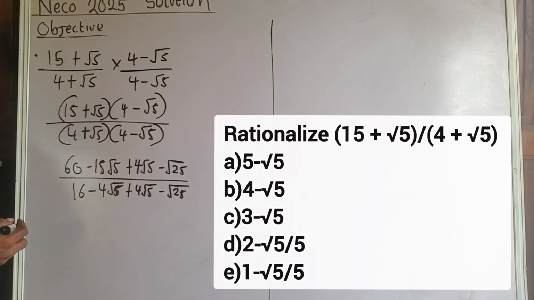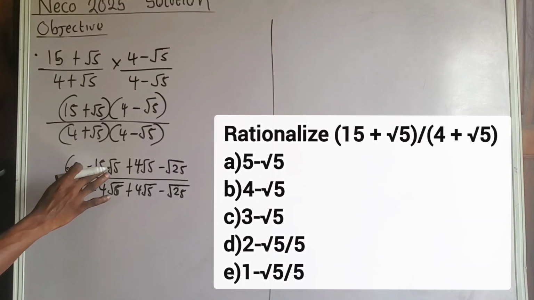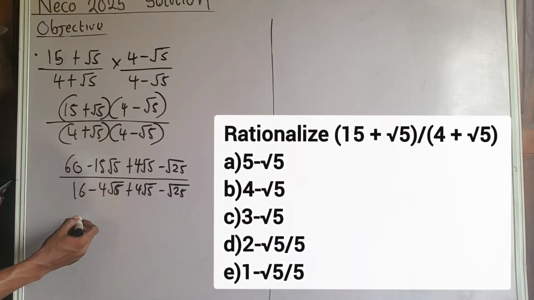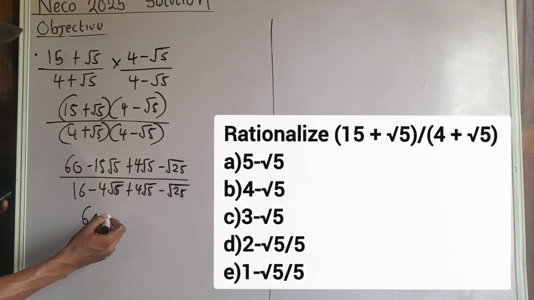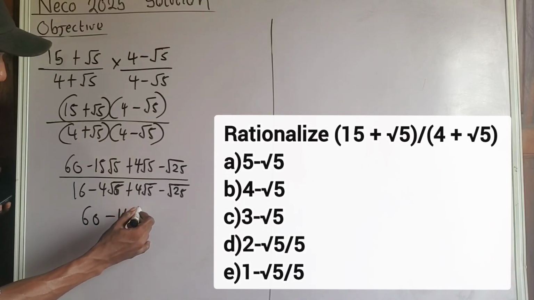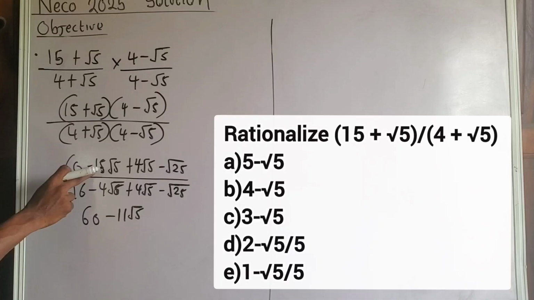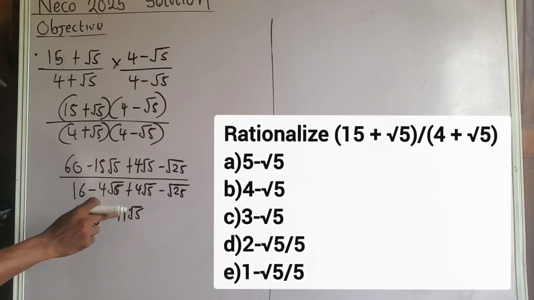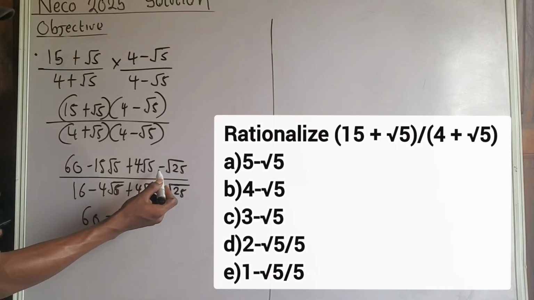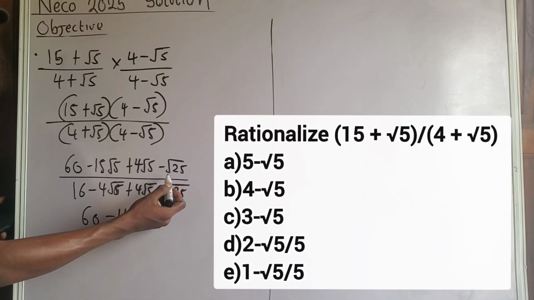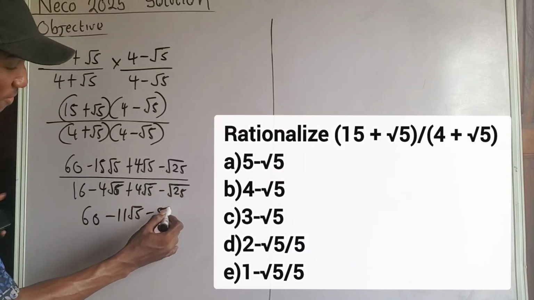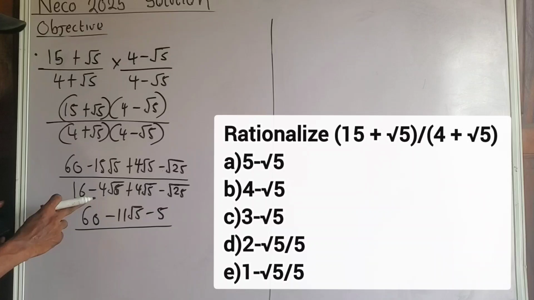So for this now, I'm going to have 60 minus 15 root 5 plus 4 root 5, which is 60 minus 11 root 5. Minus 15 root 5 plus 4 root 5 will give me minus 11 root 5. Now, please pay attention. Minus root 25: the square root of 25 is 5, so I'm going to have minus 5 all over 16.